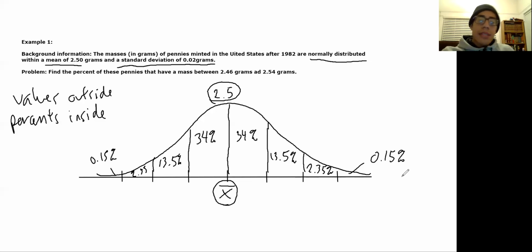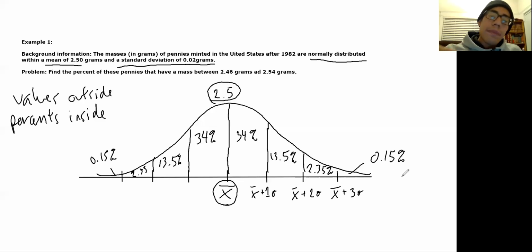Okay, so let's label the bottom, right? Let's do x plus 1 standard deviation. So I know in my head that I need to add 1 standard deviation. This next one that's next to it, x plus 2 standard deviations. So I need to add 2 standard deviations to this value. The third one would be the mean, and I'm going to add 3 standard deviations to that. These are all adding because they're to the right of the mean.